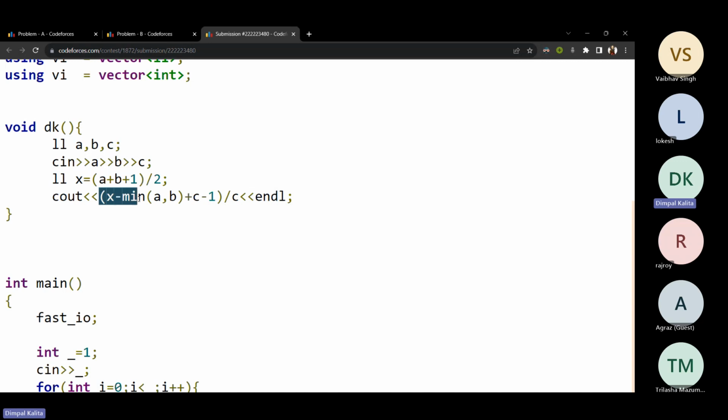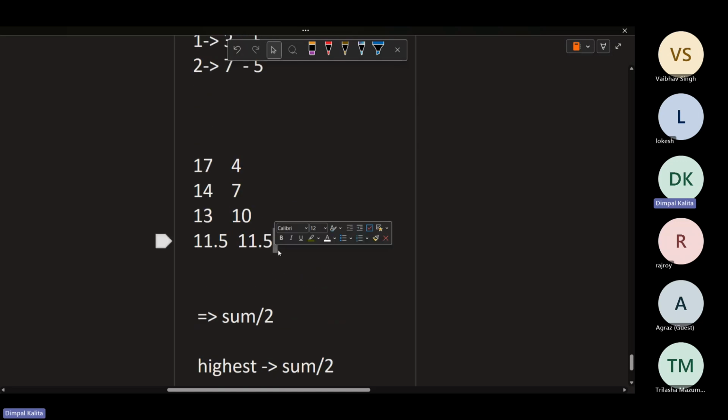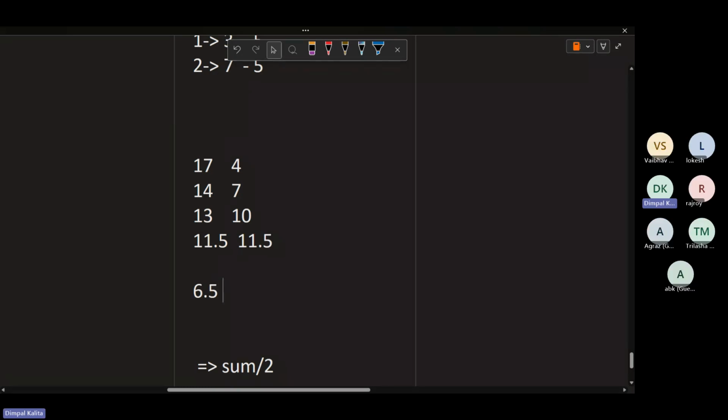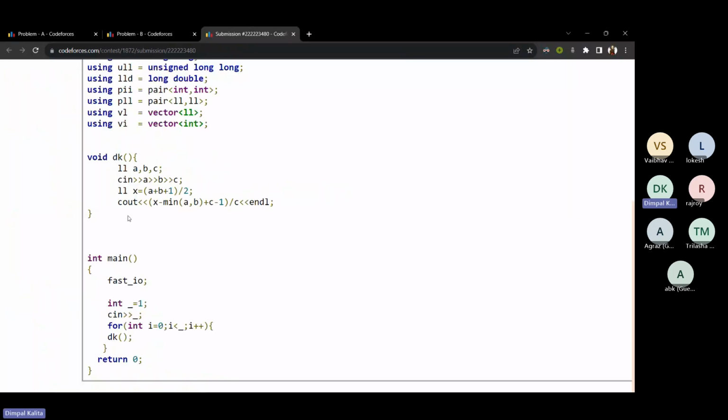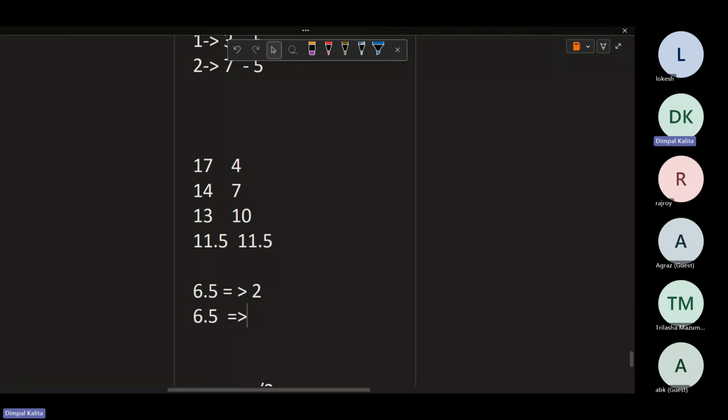Then I take a ceil value after dividing by C, because in this case also the difference will be 17 minus 11.5, that is 5.5, and after dividing by 3, if I take the floor value it will be 1, but I should take the ceil value, because it should be 3 only, because of the extra operation required to transfer 1.5 milliliters.